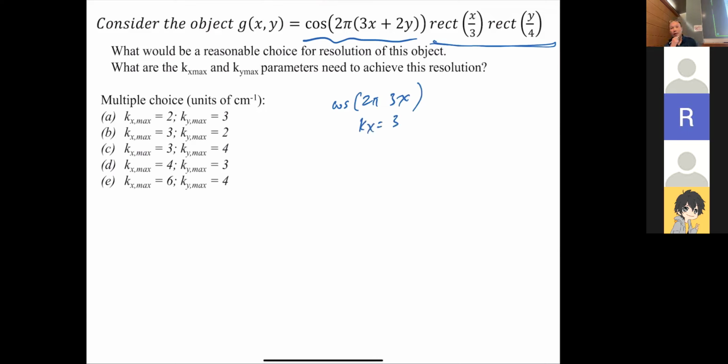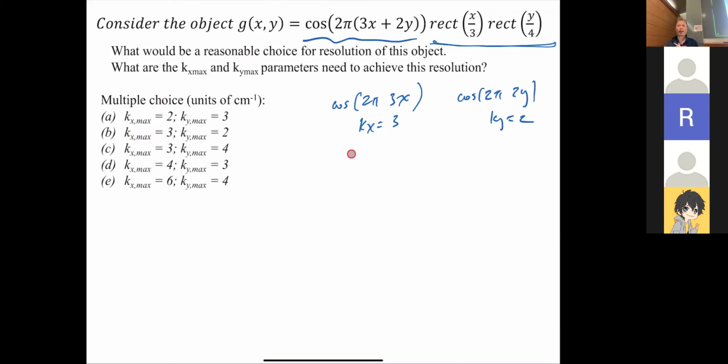So if I just want to guess, I might guess I need some Fourier component of at least 3. And then similarly, the other part is cosine 2 pi 2y, so ky equals 2. If I just had to guess, I might guess it might be B, because I need to go at least to 3 and 2 to be able to capture these components.